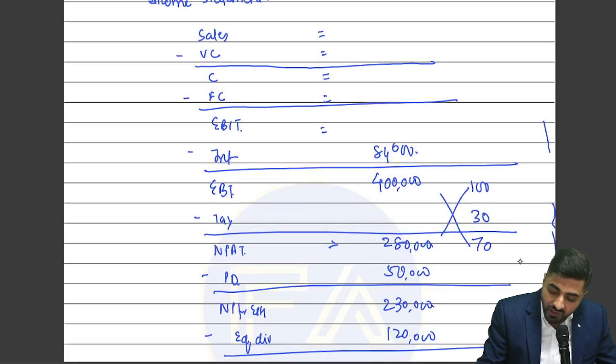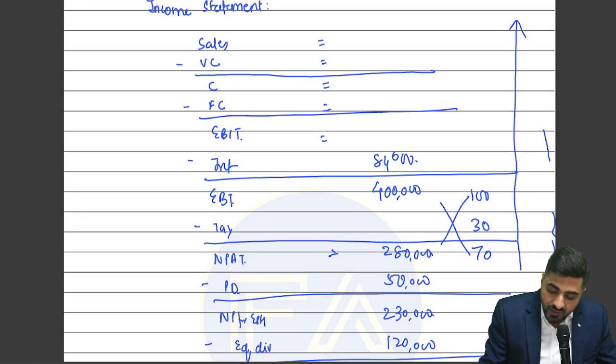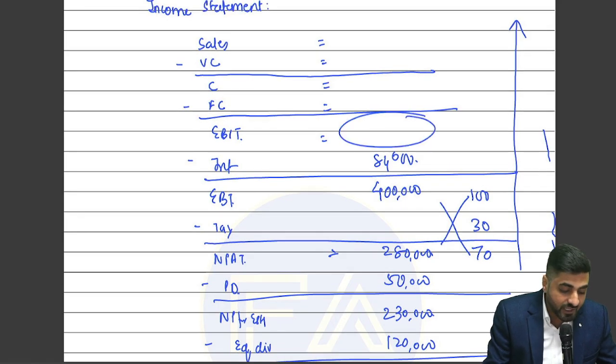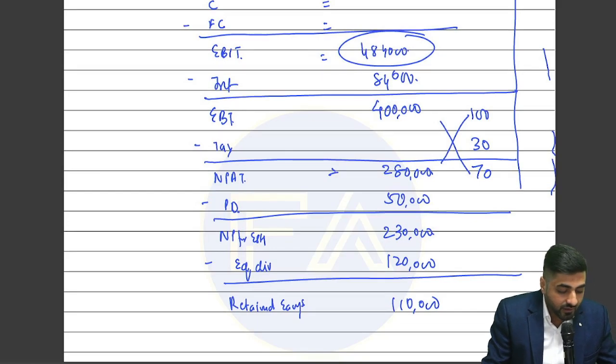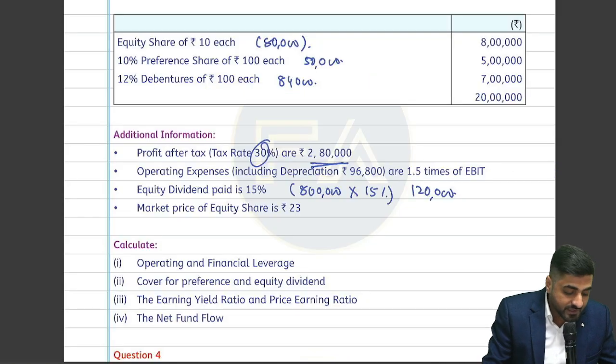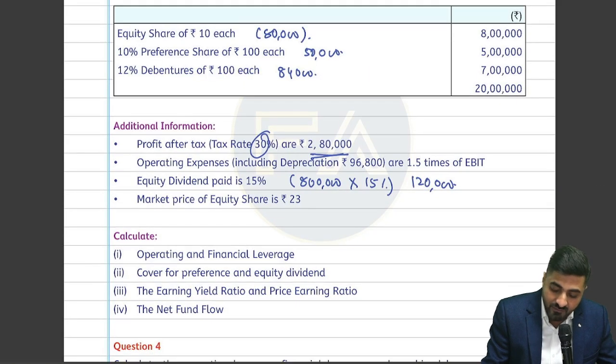Now if I go reverse, then what is my amount of EBIT, guys? 4 lakh. I have specifically told you that your operating expenses are some times of your EBIT. Are of how much your EBIT, beta? 1.5.